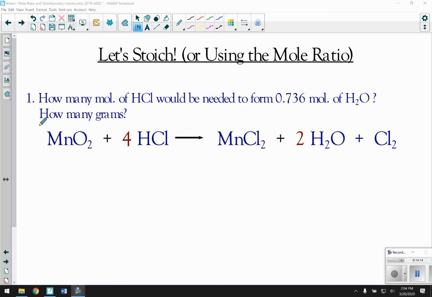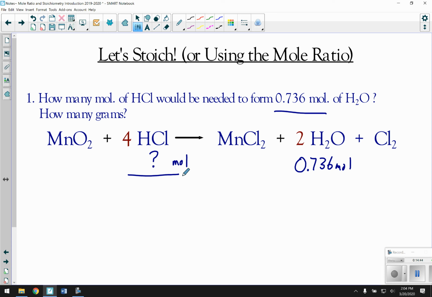But what if the amount you're asking about is not a nice whole number like 10 mole, 1 mole, 2 mole? What if it's something oddball like 0.736 moles? Say you want to know, to make 0.736 moles of water, how many moles of HCl would you have to start with?